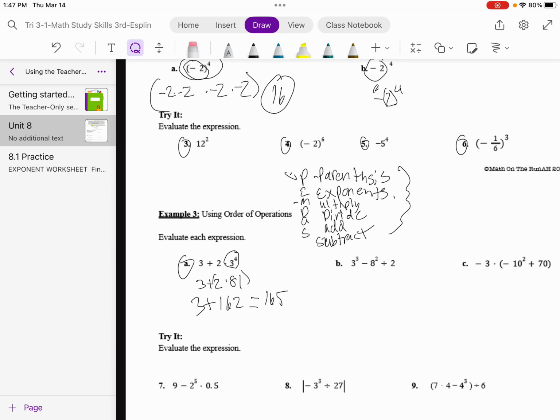Okay, do B. B, so we look for parentheses. There's no parentheses. So we're going to do our exponents, these two right here. So 3 to the 3rd power.